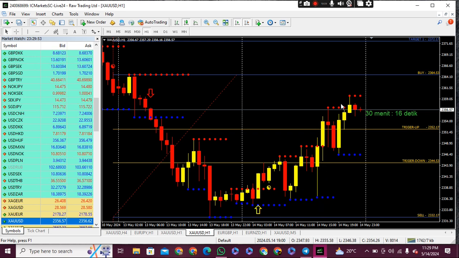So as you can see, it's moving up, up, up. We go to the first Fibonacci line, which was our target, and moving up all the way to maybe around 2360, but it looks like it's going to form another resistance level. But that's good money right there.